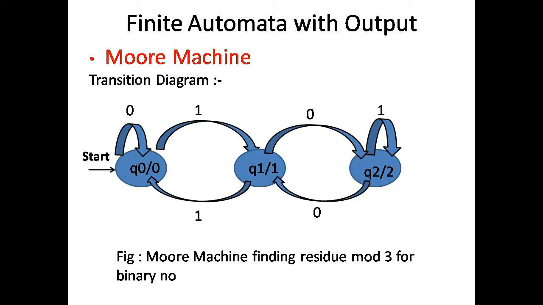The output is the symbol associated with that state. We can write output and state in a circle. Q0 will produce the output 0, Q1 will produce the output 1, and Q2 will produce the output 2.